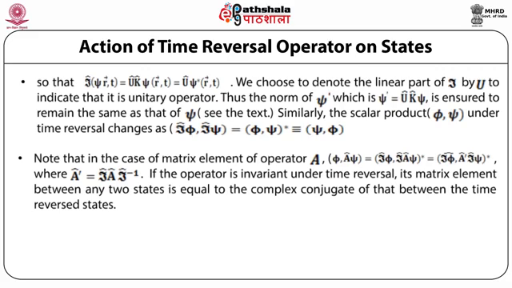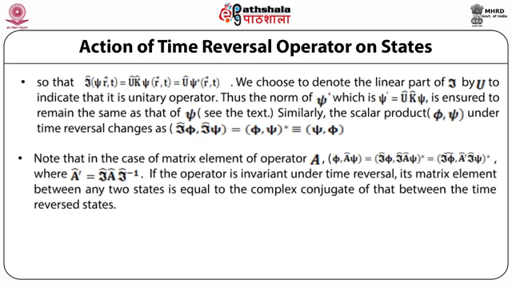And this can then further be written as the complex conjugate of the scalar product of the time reversal operator acting on the function phi and operator A prime times the time reversal operator acting on the function psi, where operator A prime is given by the relation: time reversal operator acting on operator A times the inverse of the time reversal operator.